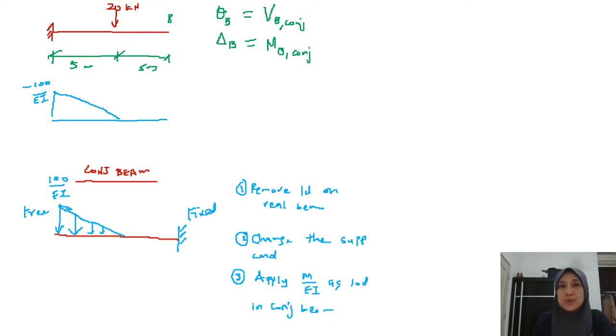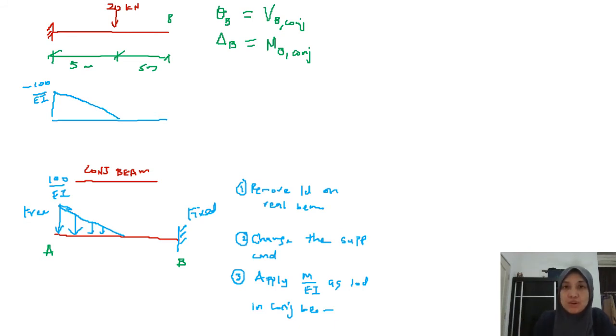So in order to find these two values, you need to find the internal shear and moment at point B for your conjugate. For your conjugate, this is point A and this is point B. So find the shear at B and also the moment at B, following the same sign notation that we use.